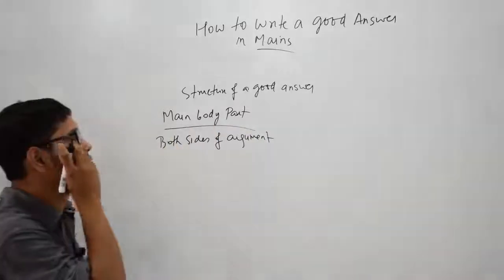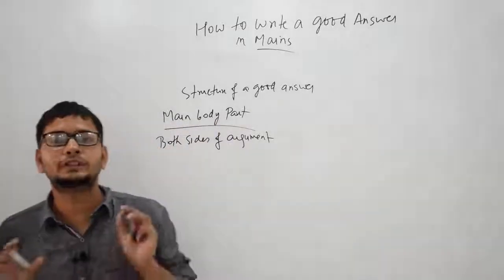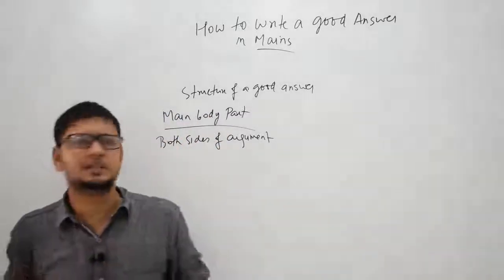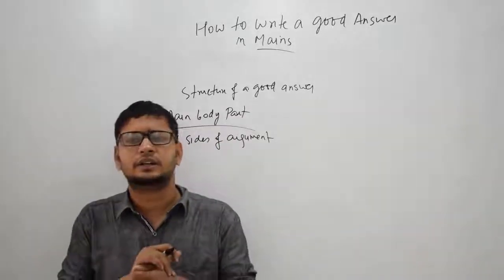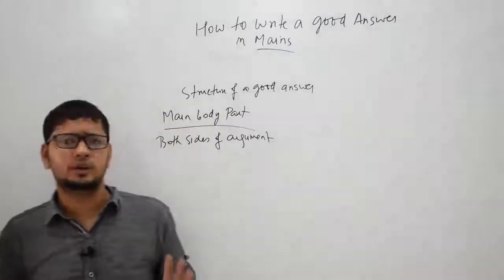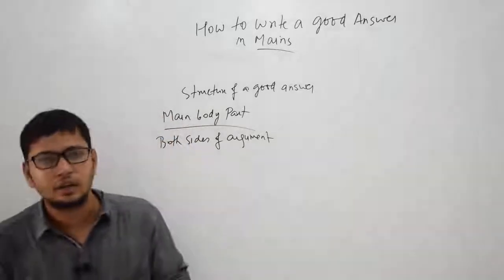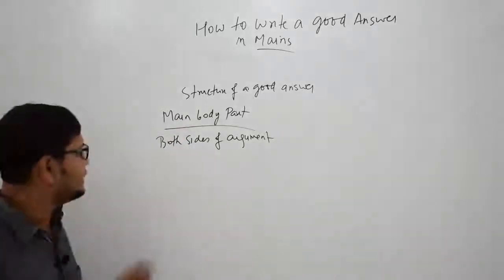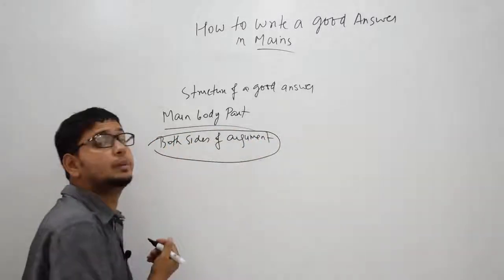There is never any policy, scheme or proposal that is one-sided. There are always some flaws, or some positives, in any policy or topic. Be it lateral entry, NGAC, All India Judicial Services, the governor, or any issue, Pradhan Mantri Fasal Bima Yojana, critically analyze, or Swachh Bharat Mission. Any scheme, any policy, any topic will have two sides of the argument. So you have to mention both sides of the argument in your answer.